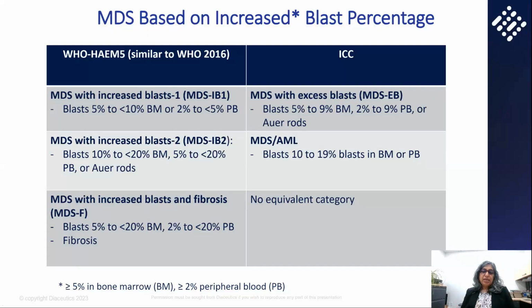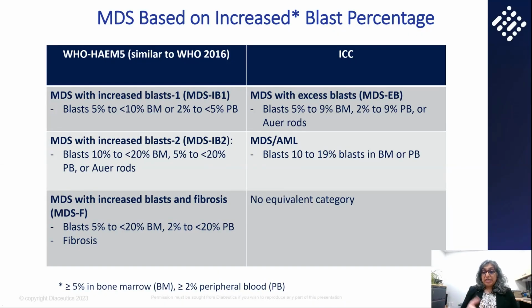In ICC, how we classify MDS with increased blasts has changed significantly. There is one category of MDS with excess blasts for cases where blasts are 5 to 9% in the bone marrow and 2 to 9% in the peripheral blood. Cases of MDS that have 10 to 19% blasts in the bone marrow or peripheral blood by ICC are now called MDS/AML.